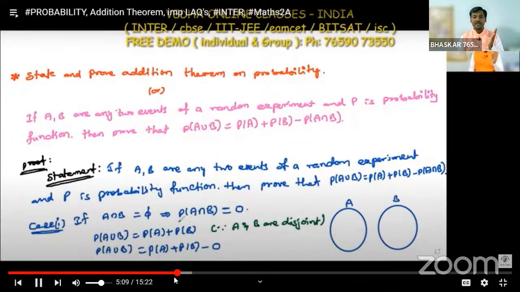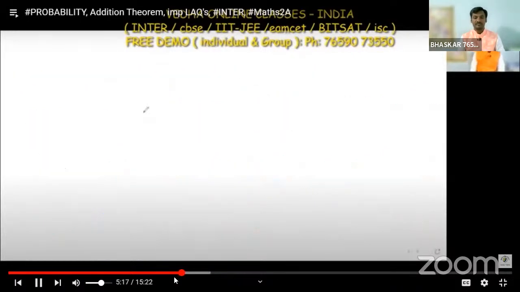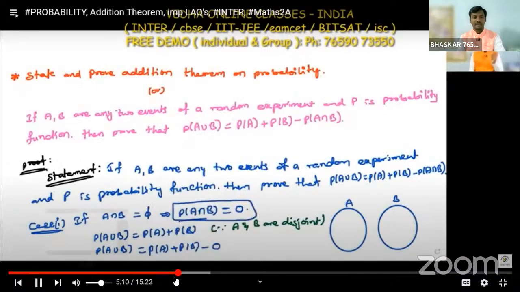Now after that, in place of 0, I am going to write probability of A intersection B. So that means we get probability of A union B is equal to probability of A plus probability of B, and just we are subtracting 0. Okay, and in place of 0, if you write probability of A intersection B, okay, so we are going to prove the addition theorem. Okay, so check it once here.